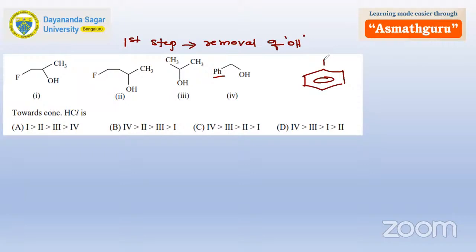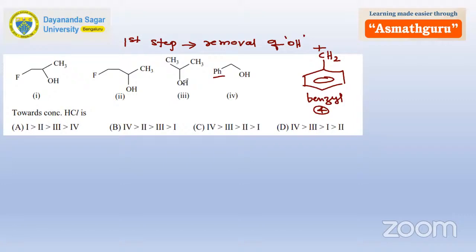It is like this, CH2OH. Let us remove the OH. When I remove the OH, you get positive charge on the carbon. This is called a carbocation. What kind of carbocation? This is a benzyl carbocation. This is the fourth structure.